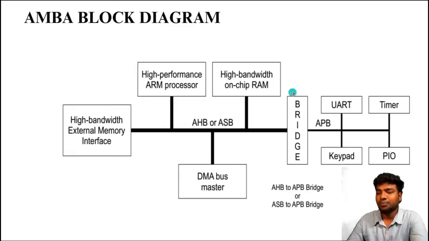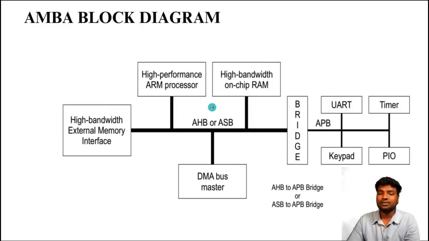If you take this part, we know that every AMBA protocol has a master and a slave. Here the bridge acts as a master and APB acts as a slave. So an APB peripheral like UART acts as a slave. This bridge acts as an APB master, and this UART acts as an APB slave.